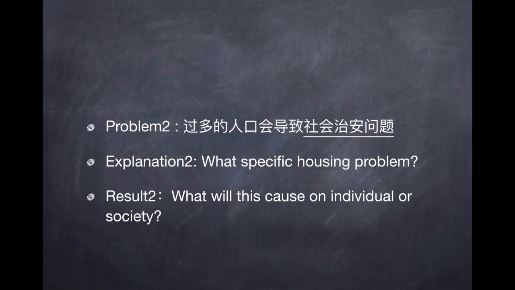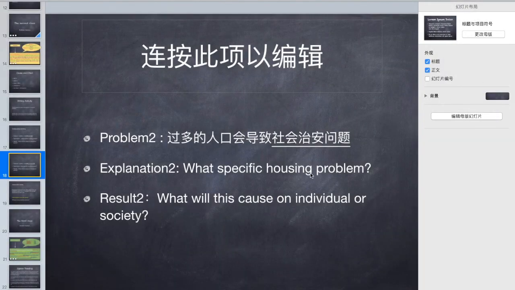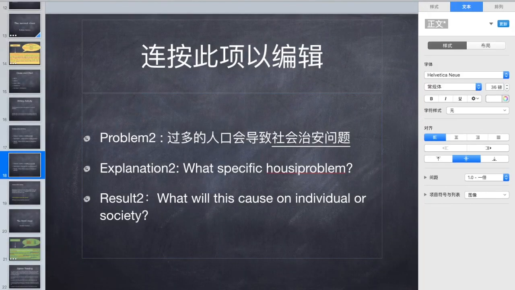And the second one goes to 过多的人口会导致社会问题. So I mean the overpopulation would cause some social security problem. So how can we link the overpopulation to the security problem? You need to explain after the topic sentence. So what kind of, sorry, I made a mistake, not housing problem, just like the security problem.